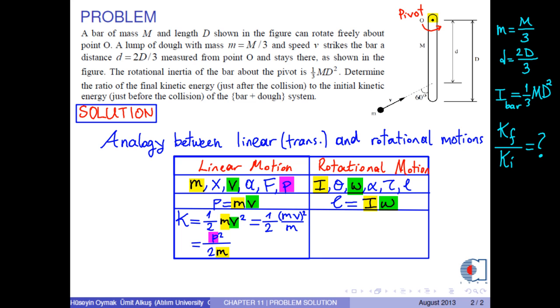Similarly, kinetic energy of the rotational motion is 1/2 I omega squared. If we multiply and divide this formula by I, we obtain 1/2 I squared omega squared over I. Since I omega is the angular momentum, we obtain kinetic energy of the rotational motion as L squared over 2I.